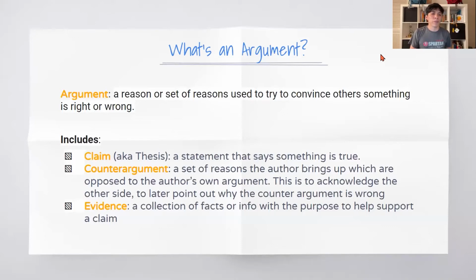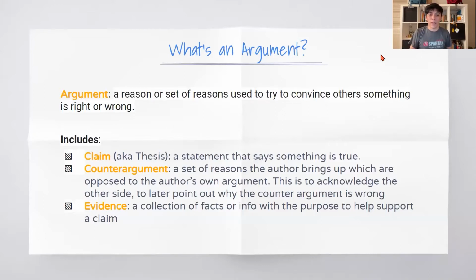An argument includes a claim, counterargument, and evidence. A claim is just a statement that says something's true. A counterargument is the opposite of that statement, but a good argument would include the counterargument to explain why they don't go with that thought.